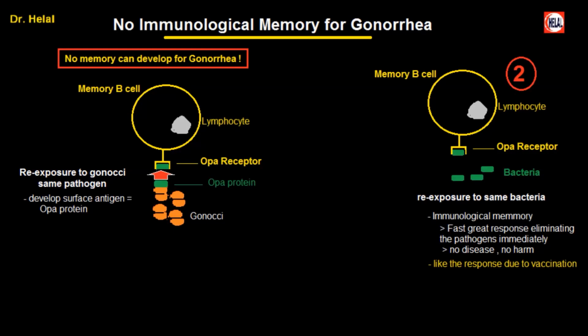This OPA protein will bind the OPA receptors and block them. Blocking OPA receptors renders the immunological memory ineffective, leaving the gonococci able to cause a new disease. That's why a vaccine for gonococci is not available till now.